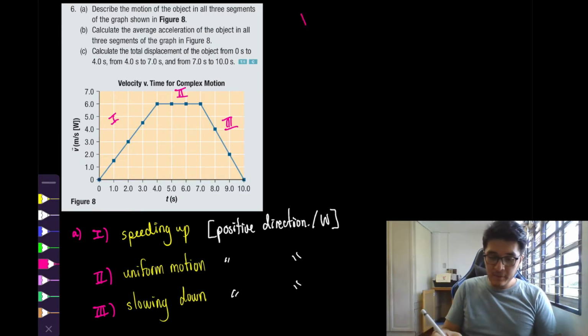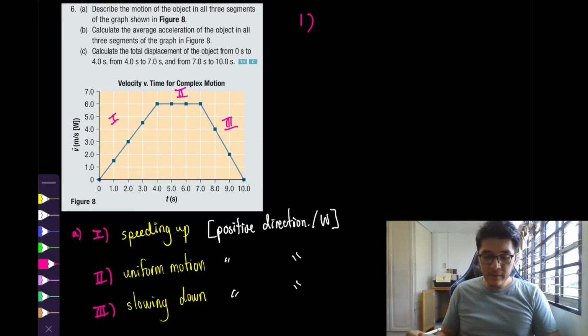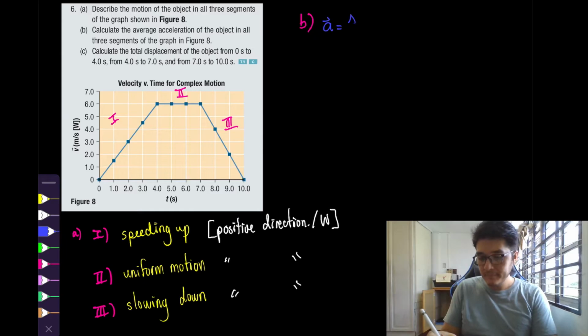For part B, it asks us to calculate the average acceleration of the object in all three segments of the graph. So the average acceleration, as we saw before, is just the change in velocity over the change in time. And because we are given the VT graph, that's just the slope of the VT graph.